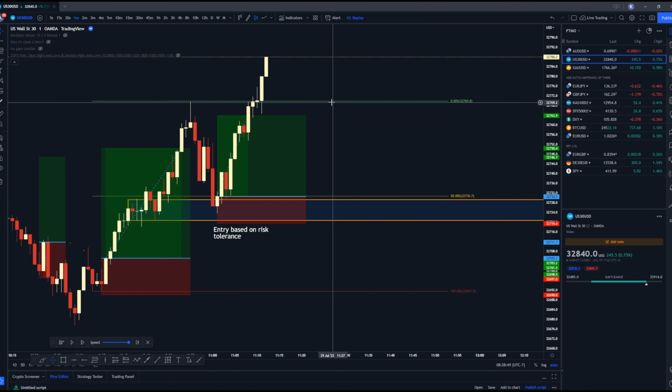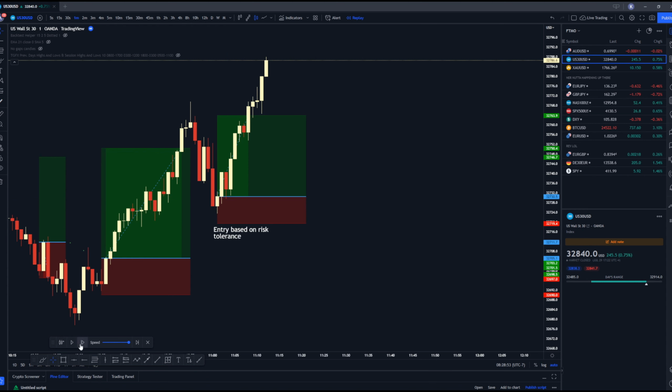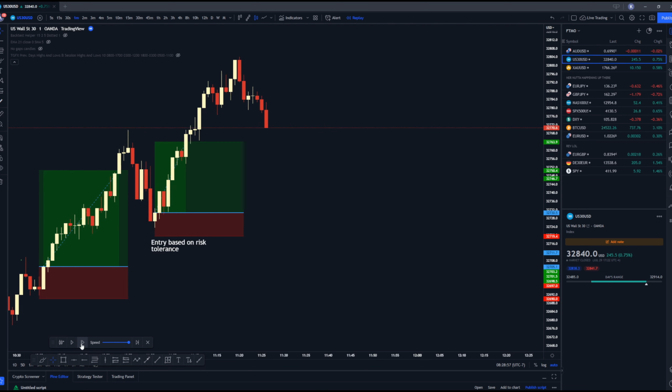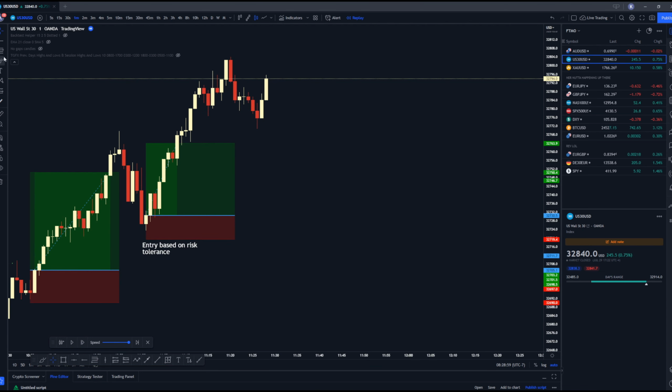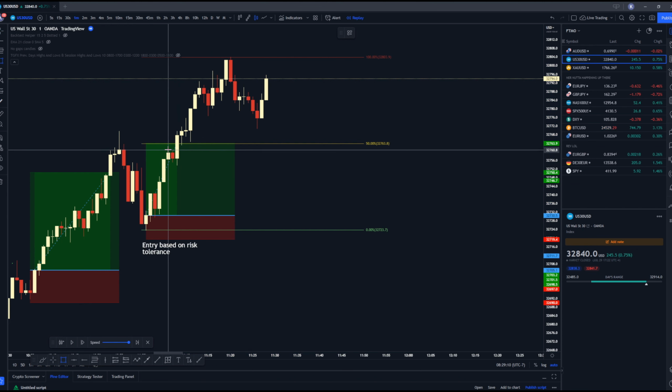So now we have a new high again, right? Now we've got this pullback here. This is the area where price started pushing from, and our first area of demand is down here.